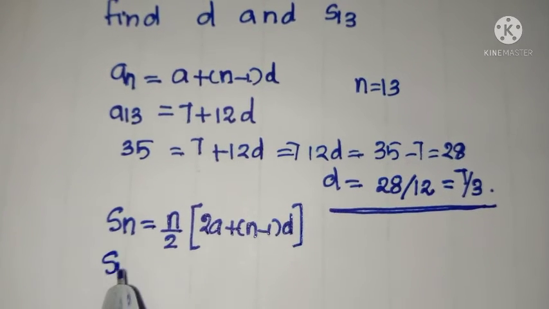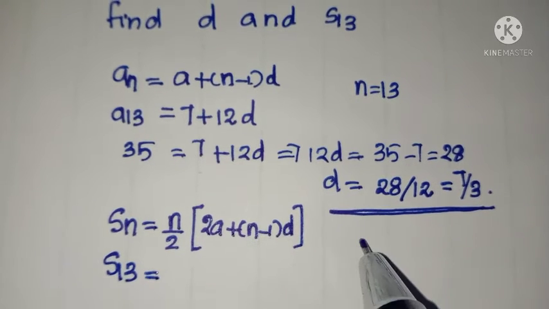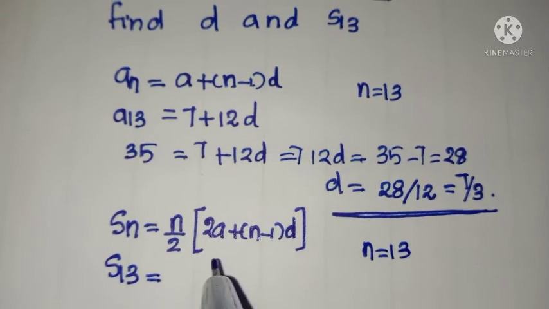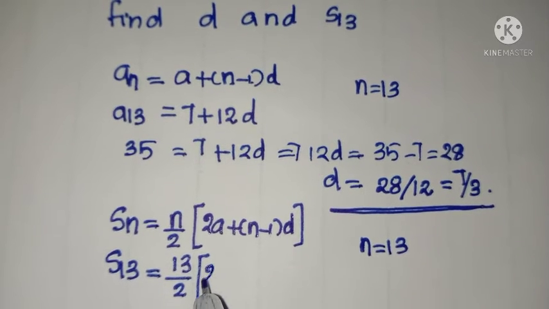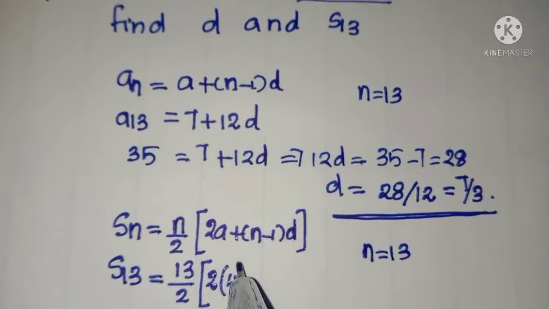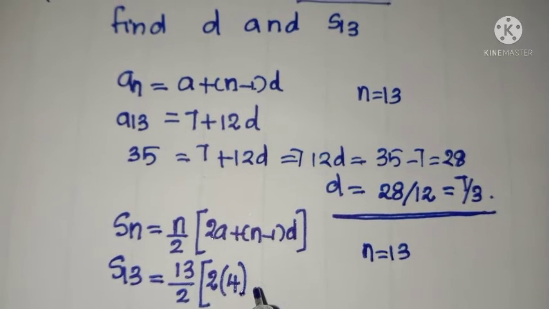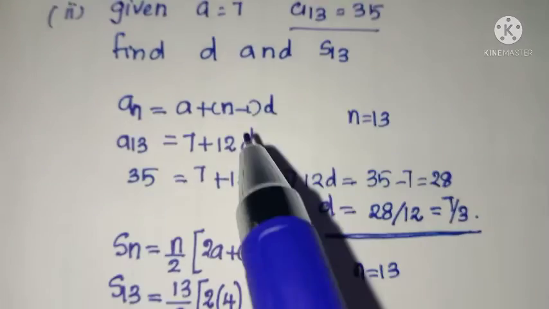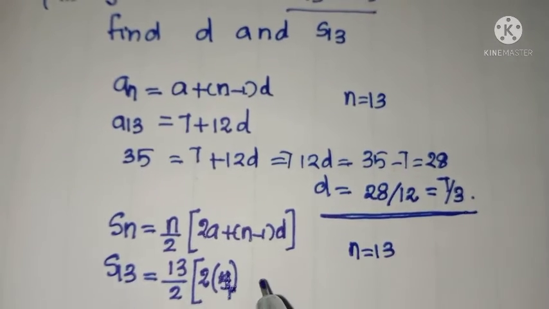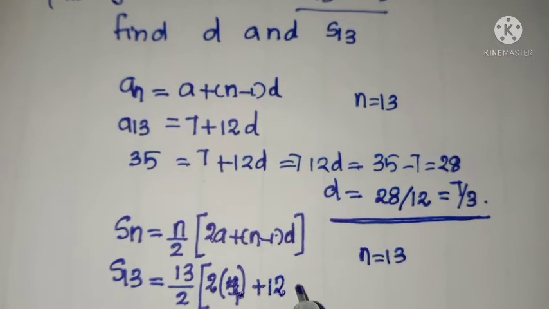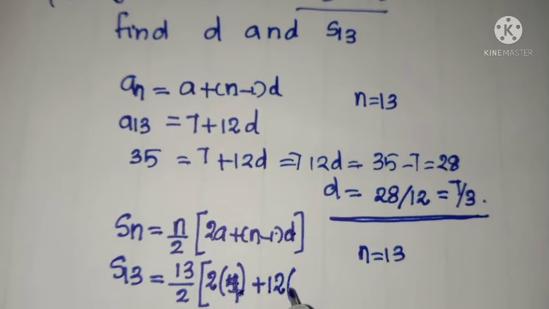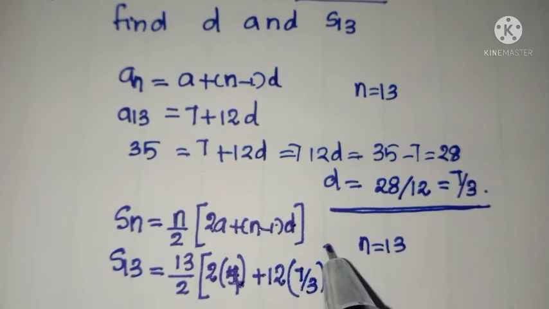Here we want to find S13. That is n equal to 13. So this is 13 by 2 into 2 into a, that is 2 into 7, plus 13 minus 1, that is 12 into d. d is 7 by 3.